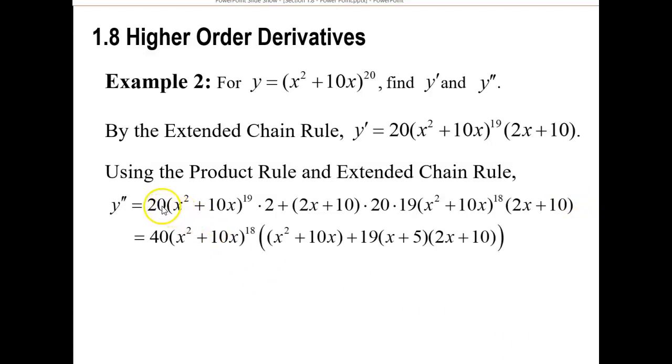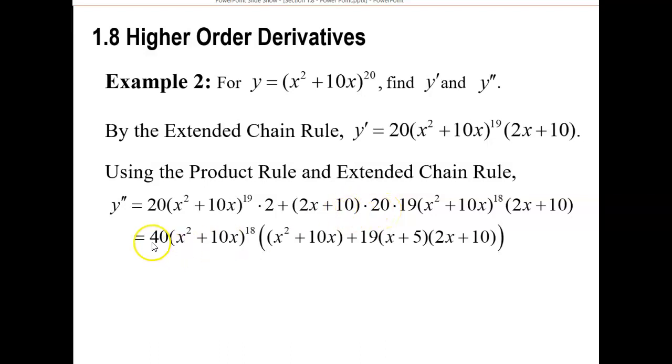All right, now we're going to clean it up. Notice here we've got a 20 times a 2, that's 40. Over here, we have a 20, and if I factored a 2 out of this set of parentheses and multiplied it by the 20, that would also be 40.